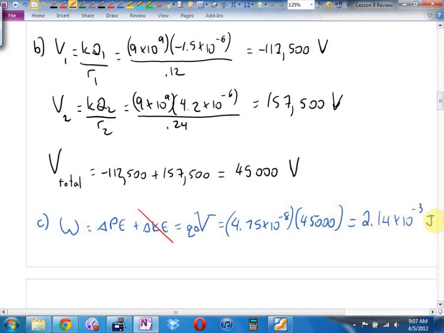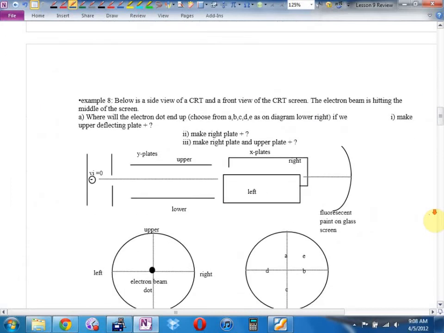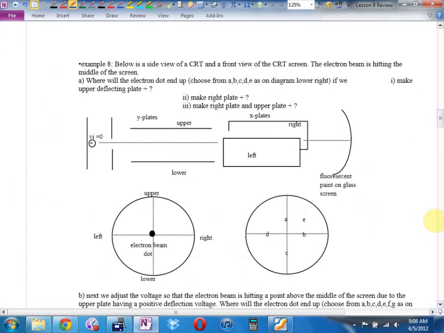That's how much work. What would be doing the work? Some outside source of energy, little invisible angels or something. Turn the page. Is that okay, Brianna? Yeah?